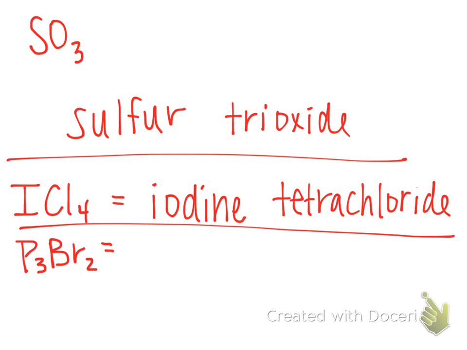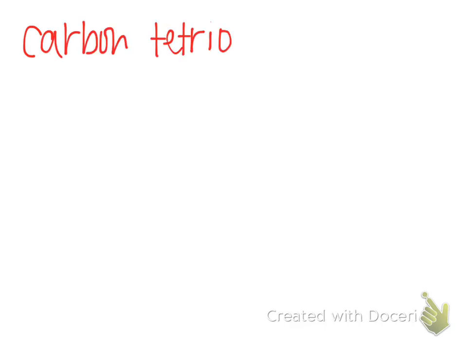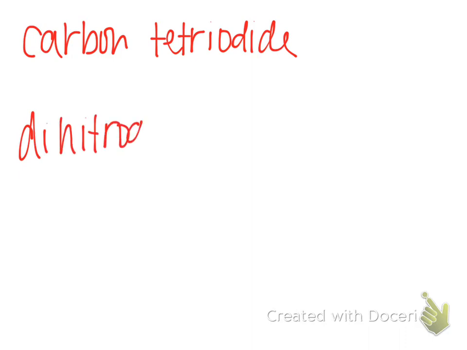Okay. What if I have... All right, Jacob, why don't you tell me what you got? Triphosphorus diamide. Just like that? How many of you had that same answer? Perfect. Okay, so let's say I gave you carbon tetraiodide. I'm going to give you 3 of them up here.